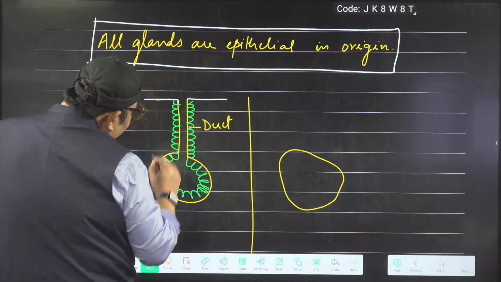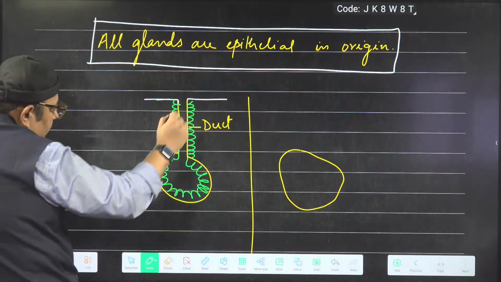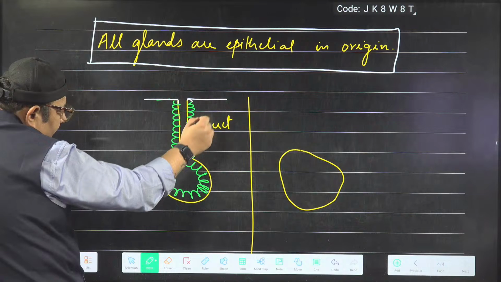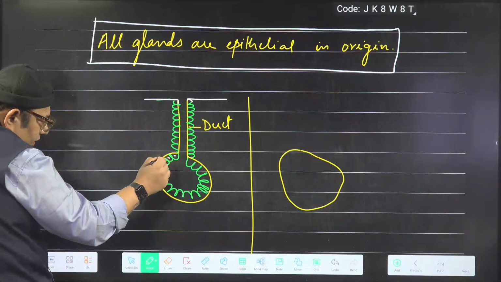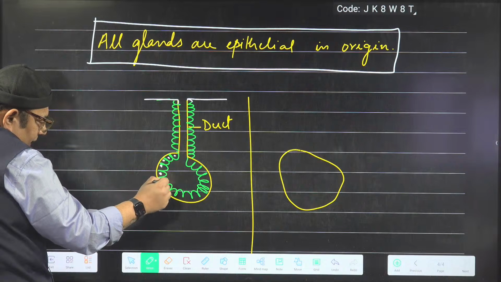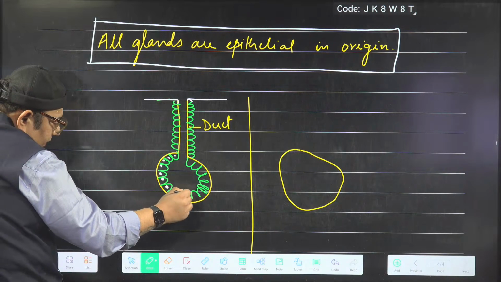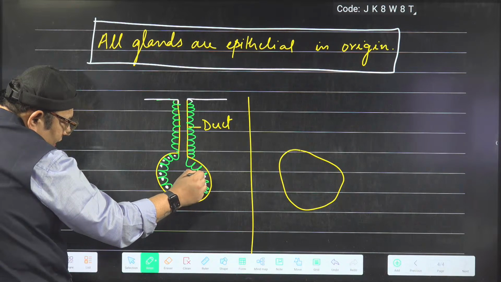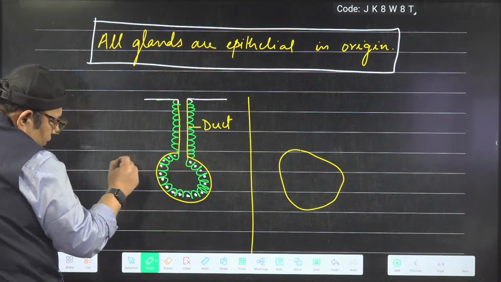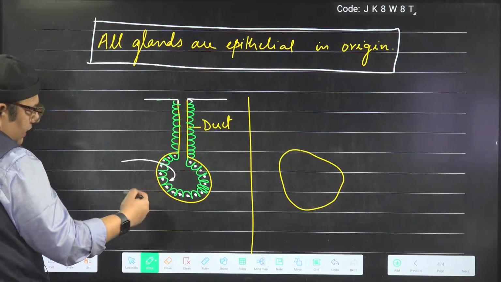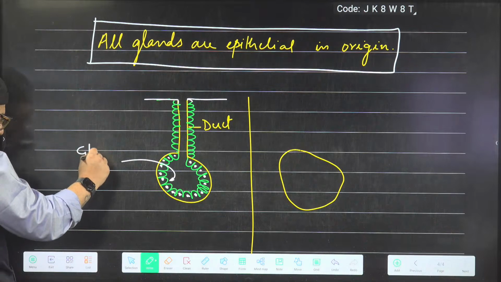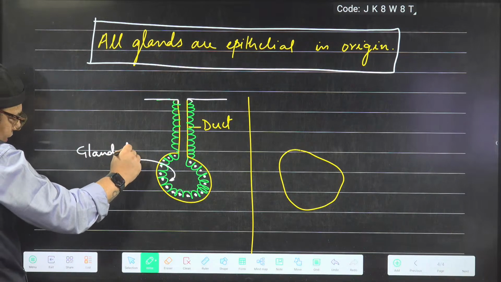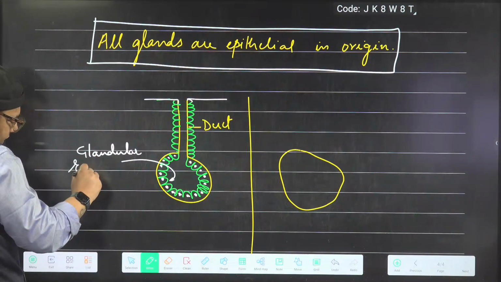This is a duct which is for carrying it, and this is a glandular epithelium. Remember, it is epithelium only. This is the main region which is producing the substance, which I can call glandular epithelium.